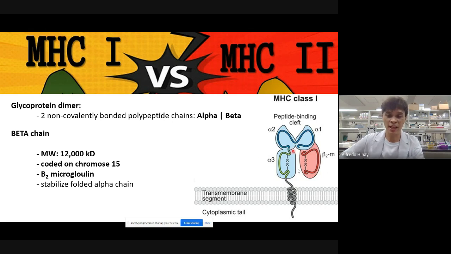And so dapat may taga-support talaga class. Then, applying that in real life, even with your class 1, your alpha cannot stand alone. They need a supporter. Therefore class, you need to find in your life your beta-2 microglobulin.